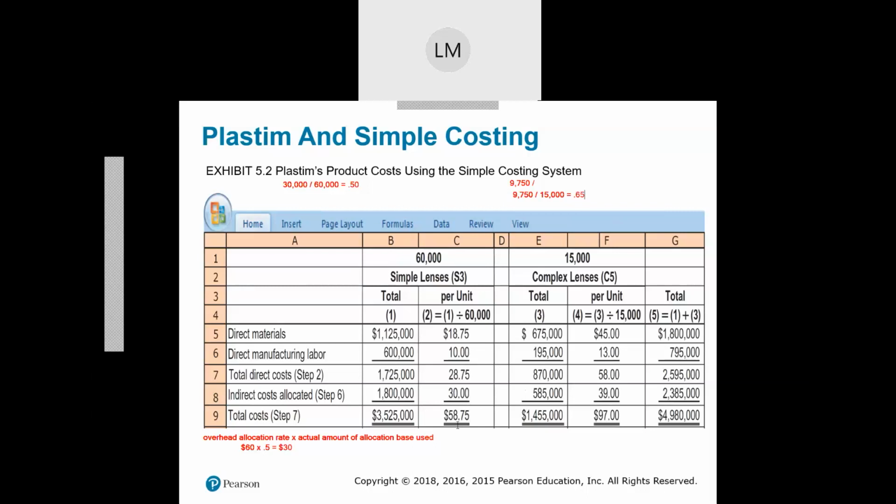We've assumed now that our cost is $58.75 for making the simple lenses and $97 per lens for the complex lenses. Now we want to remember that because our per unit costs are going to change whenever we refine our costing systems.